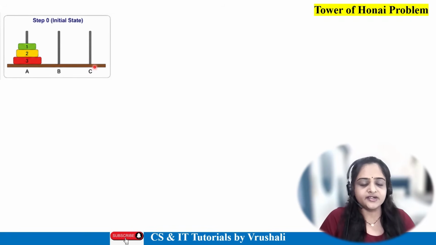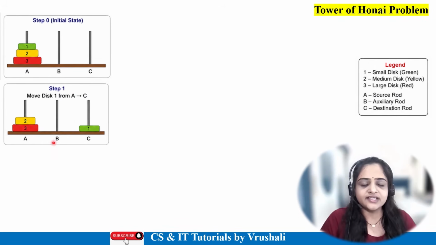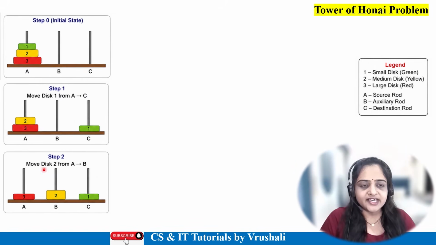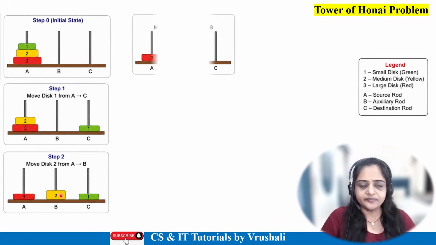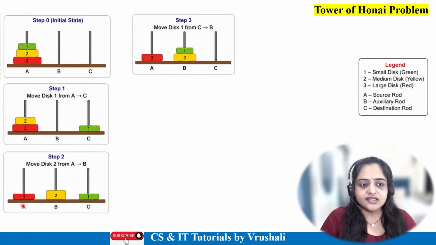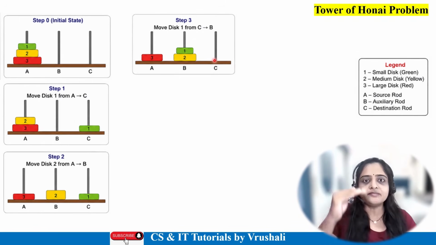Your first step is to pick one disk at a time. Pick disk number 1 and move it to rod C. At the next step, pick disk number 2 and move it to rod B. Next, move disk 1 from C to B. Now the larger disk is there and you need to put this larger disk in rod C at the bottom, because we need to follow the sequence larger, medium and smaller.